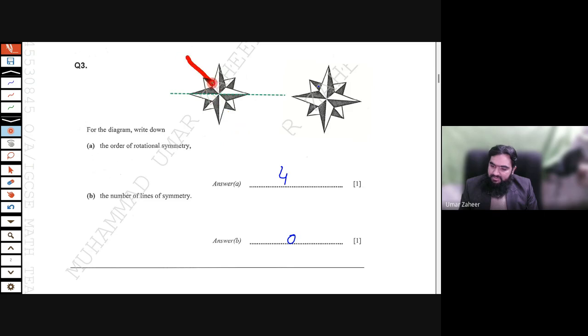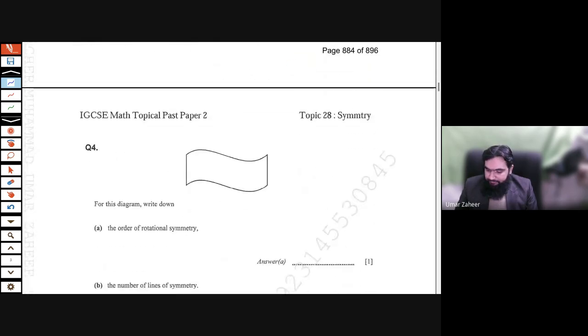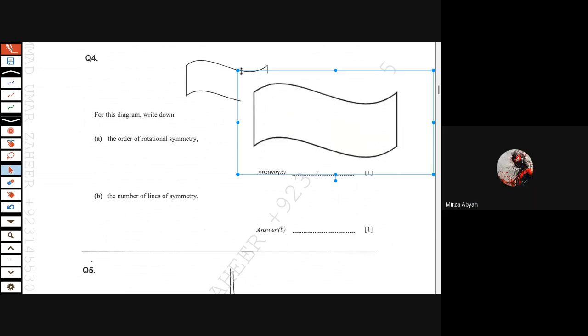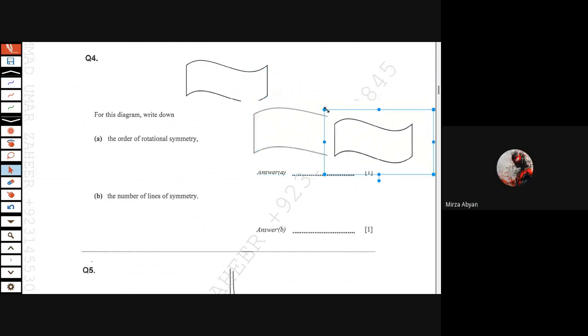So that's why we don't have any line of symmetry in this shape, so that is 0. Be careful, look for the pattern very carefully. All right, now here we have to find the order of rotational symmetry. I will rotate it in front of you, then tell me. Sir, will it be 2? Maybe 2.